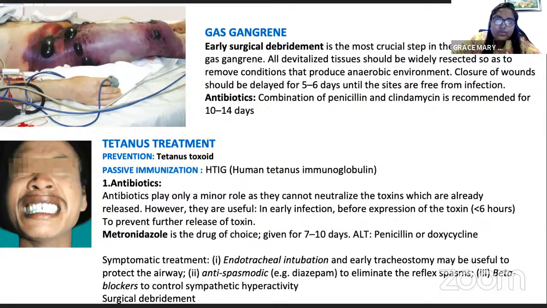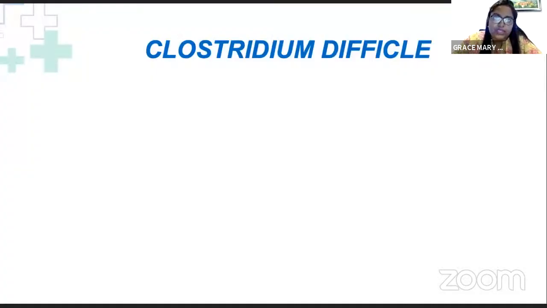The person who is contracting tetani can look like a possessed person with all the contractions and spasms happening. And beta blockers to control the sympathetic activity. Okay, and like I said earlier, surgical debridement is the key when it comes to the wound. If you have a suspected entry wound, surgical debridement really helps. Now, coming to Clostridium difficile.